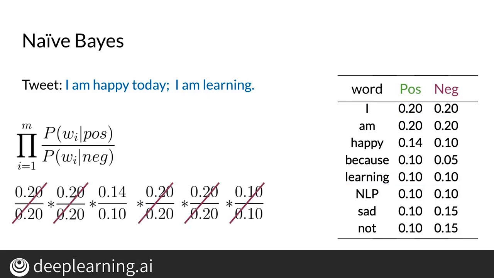Now note that all the neutral words in the tweet, like I and am, just cancel out in the expression. And what you end up with is 0.14 over 0.10, which is equal to 1.4. This value is higher than 1, which means that, overall, the words in the tweet are more likely to correspond to a positive sentiment. So you conclude that the tweet is positive.